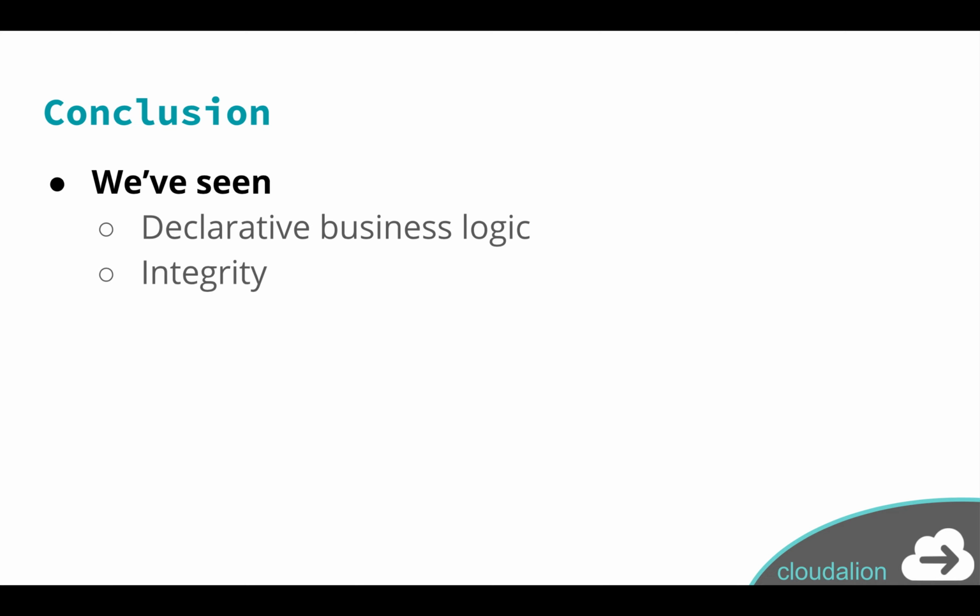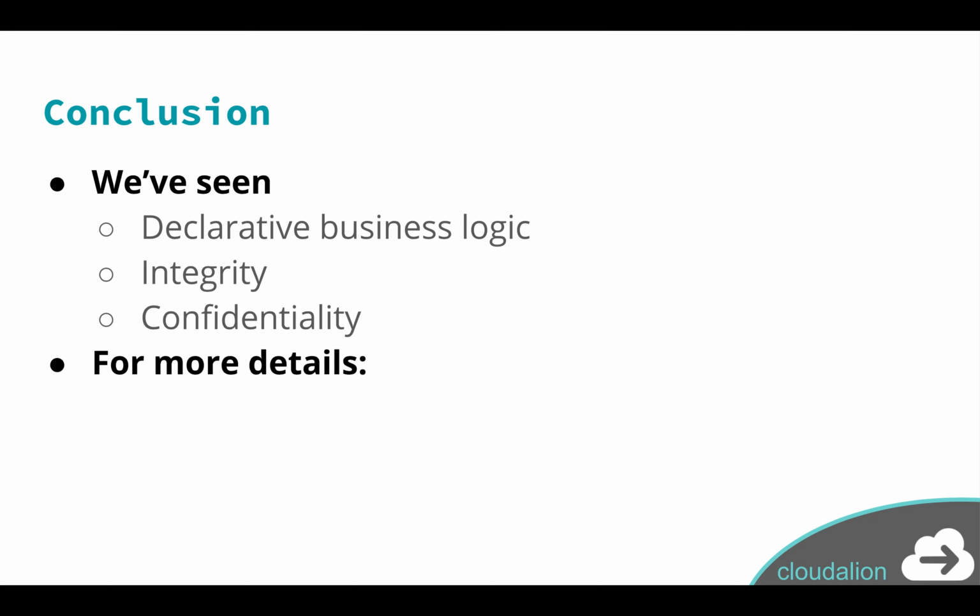To conclude, what we've seen is declarative business logic. We've seen how we create business logic declaratively using rules and clauses and guards. We've seen how we specify integrity declaratively as well, and how we maintain confidentiality as part of Axiom and not the business logic.